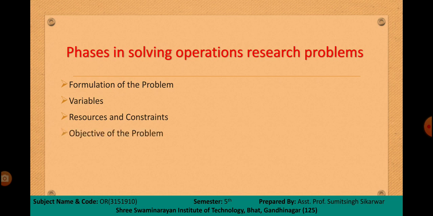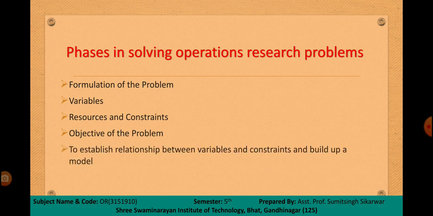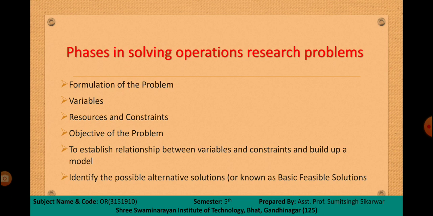After that, he needs to identify the objective of the problem so that he can establish the relationship between variables and constraints and build up a model. Then he needs to identify the possible alternative solutions, which may be called basic feasible solutions, and finally he needs to install and maintain the solution. So let us continue with these phases.